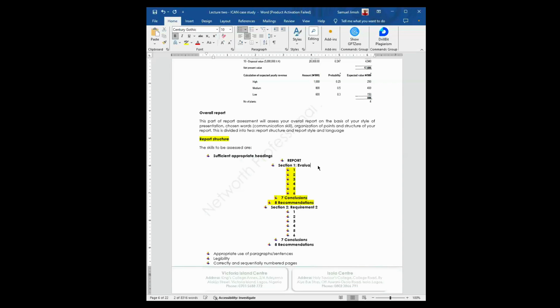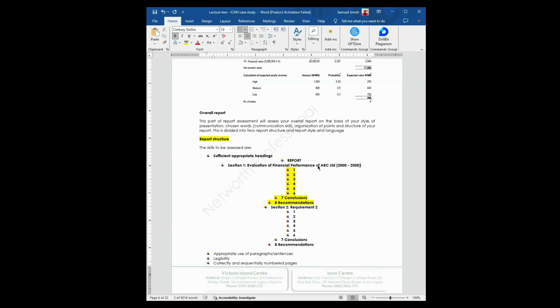You might say evaluation of financial performance of ABC Limited. You can include 2000 to 2005.